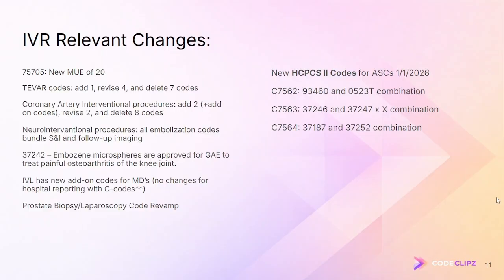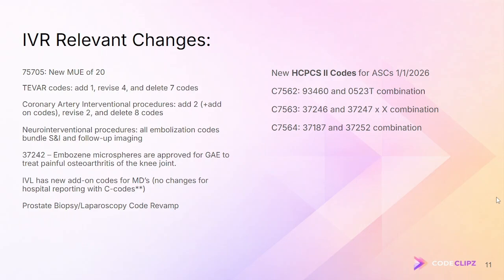There are 2 add-on codes that have been added to coronary artery interventions. Just review those before you run through the steps of your usual procedures. Map those codes and make sure there's not anything you're missing with those 2 add-on codes. Also check the revisions and any deletions. Have someone in your office who is responsible be able to modify your superbills and make sure those are taken into account as you code.